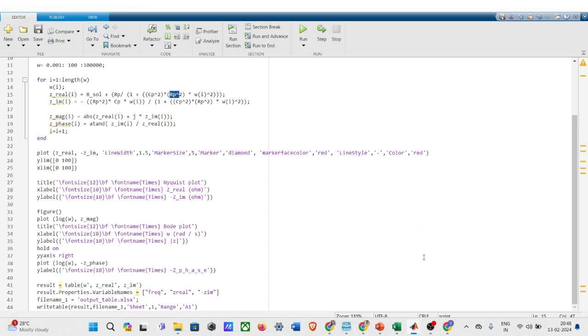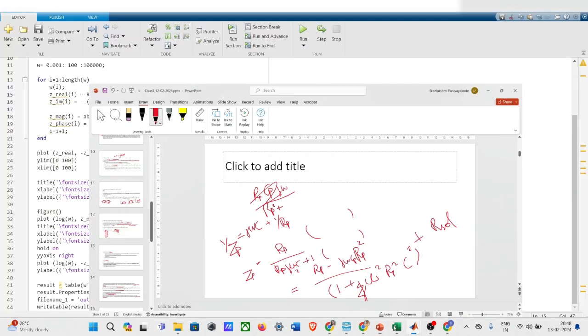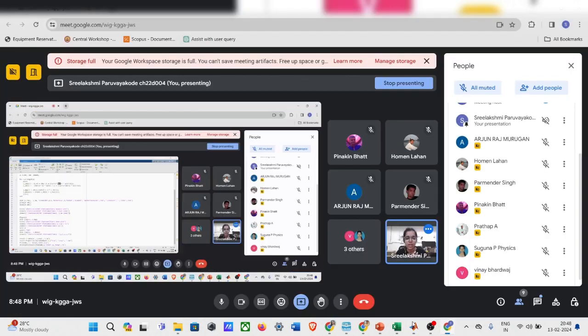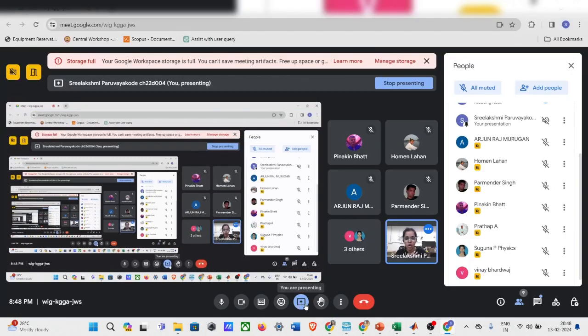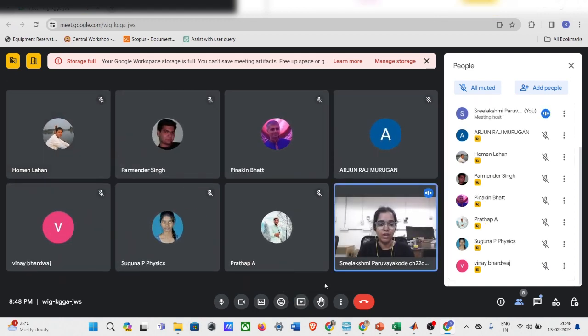This is a simple circuit. If you go for a more complex one, it will become difficult. You can do it in Excel, but it is more time consuming. With MATLAB, or any other coding, if you are comfortable with Python or anything, you can do it in that also. Basically, I am comfortable with MATLAB. That's why I showed you in MATLAB.